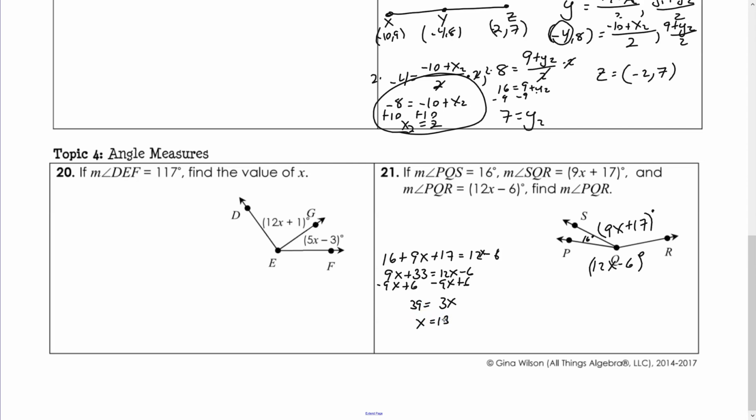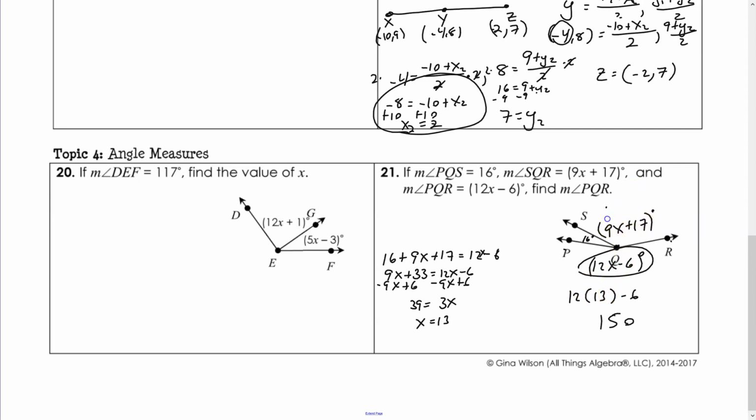Now, it's not asking for x, it's asking for PQR. So PQR is this one right here. So 12 times 13 minus 6. Well, 12 times 13 is 156, and 156 minus 6 is 150. If we plugged it in, we can check it out. 9 times 13, 9 times 10 is 90, and 9 times 3 is 27, so that's 117.